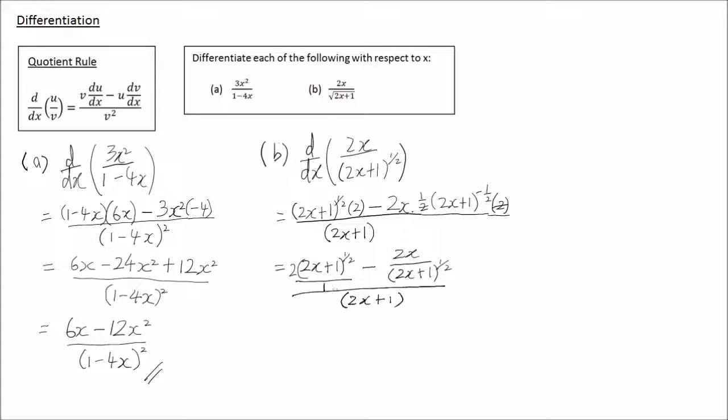So to do that, I have to multiply this 2x plus 1 to the power half to the numerator and denominator.